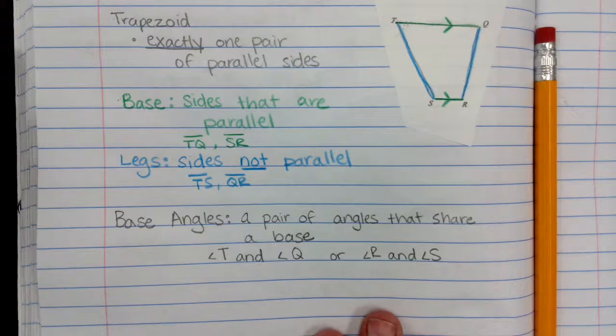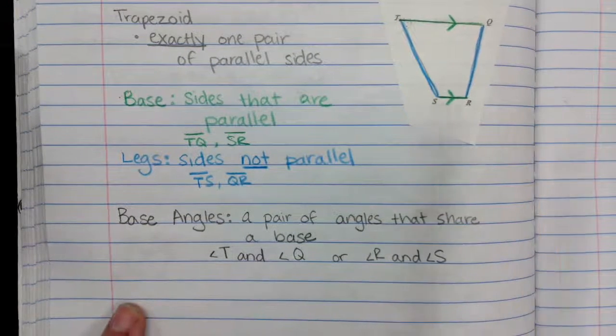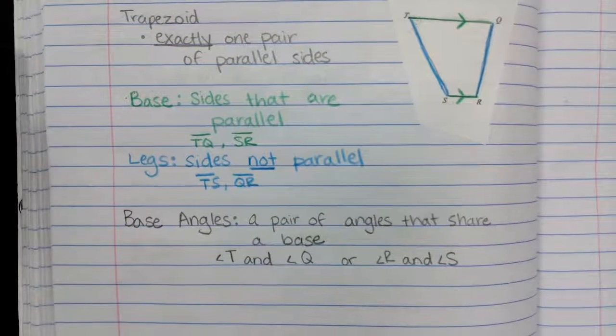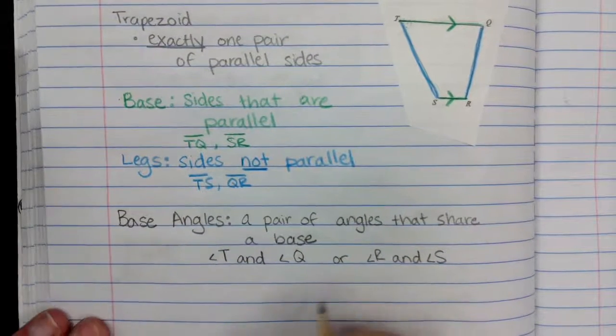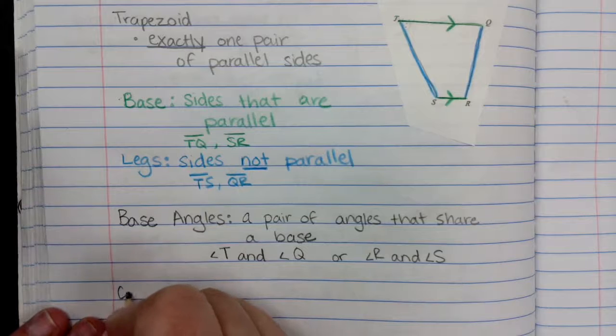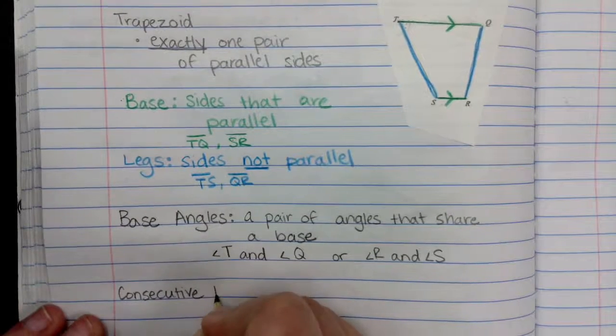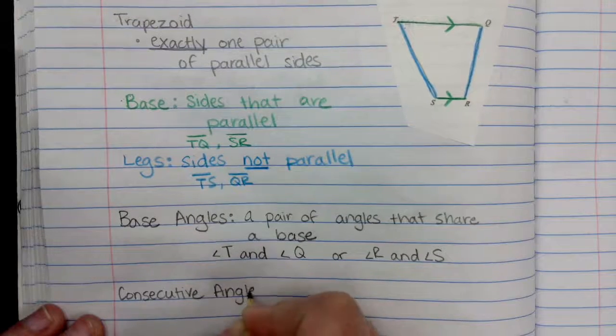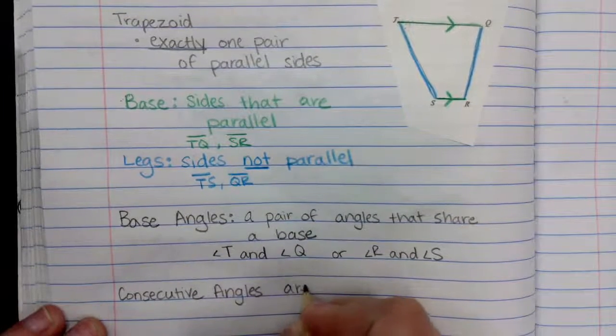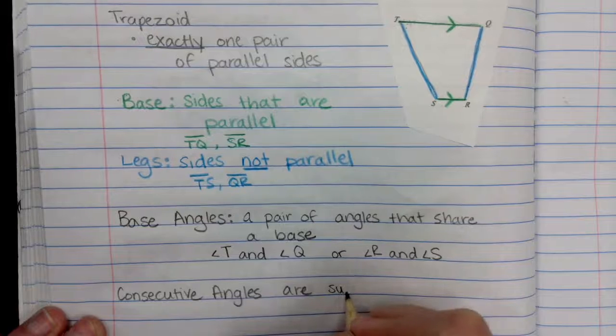All right, I know I said that was our last thing, but we're going to write one more thing because I lied. We know that in a trapezoid, consecutive angles are supplementary. Nope. That's not right.